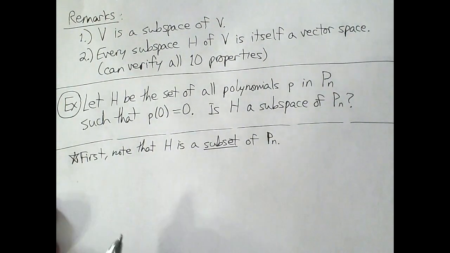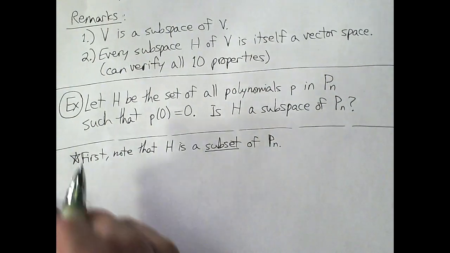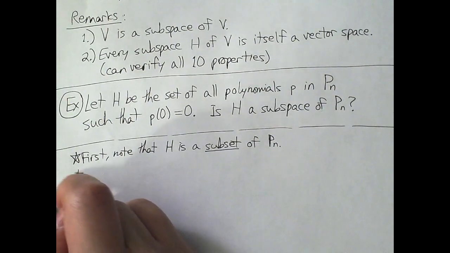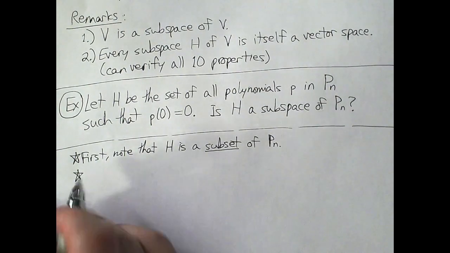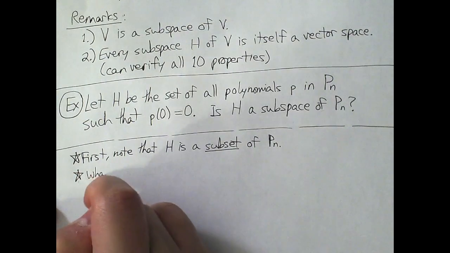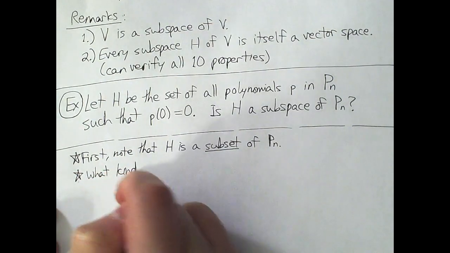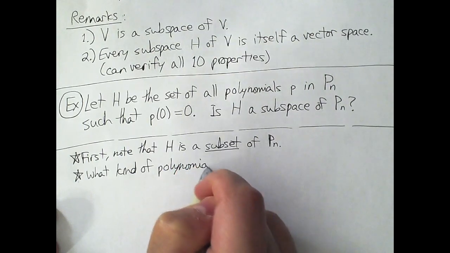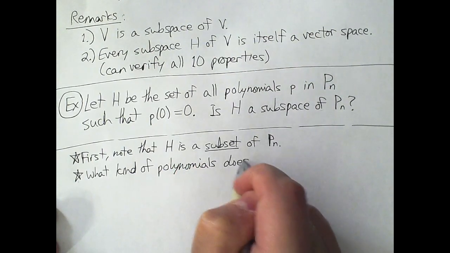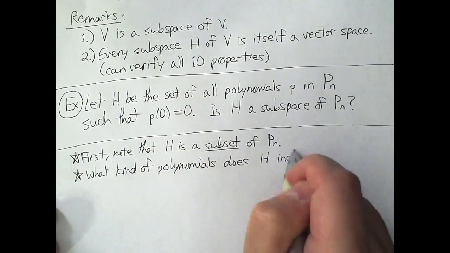Before we actually prove anything, I just want us to think about this. What kind of polynomials does H include?